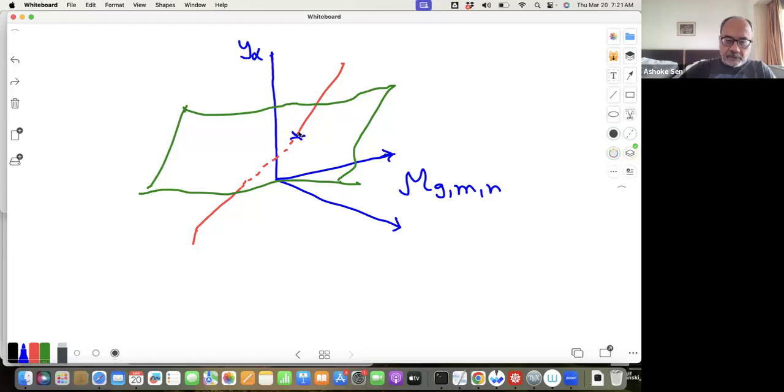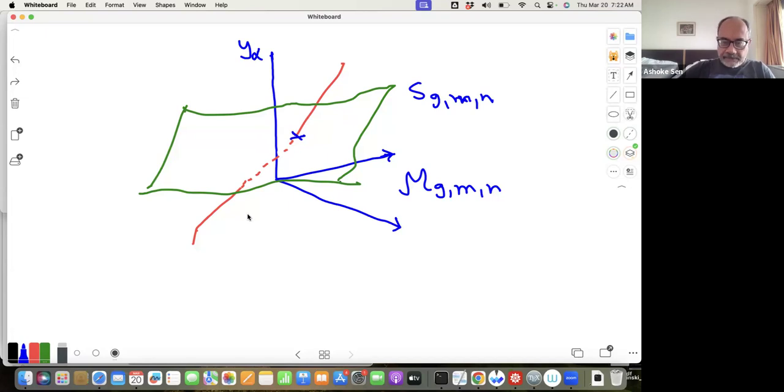So if you are trying to integrate over this section, this is our SGMN, then you hit this point and then you don't know how to integrate, because this is where the integrand becomes singular. Yeah, it may very well happen that this red line has no intersection at all with the section.